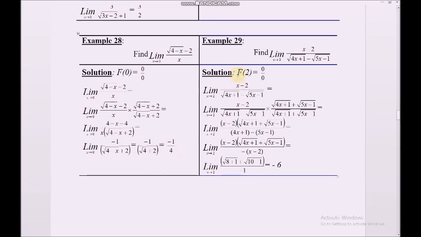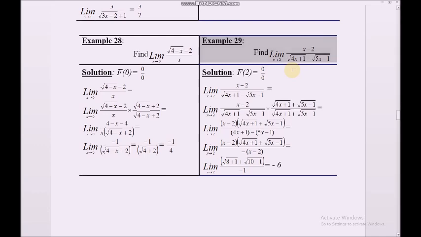Example 29. The limit of, above, x minus 2, no problem. Down we have 2 square roots, square root of 4x plus 1 and square root of 5x minus 1, with a negative sign between.